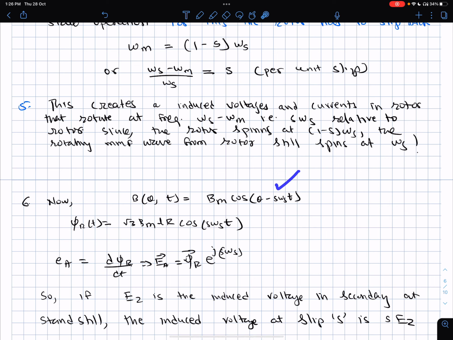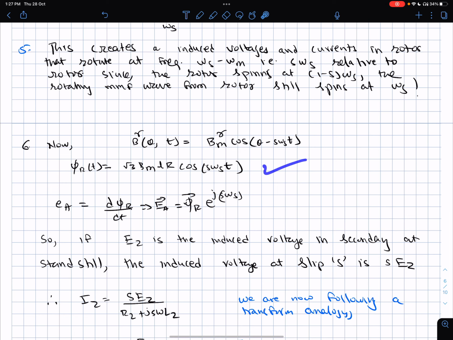So because it is rotating at s times omega s, the induced EMFs in the rotor will create currents also in it at the frequency s omega s, and therefore those currents will set up a rotating MMF given by B_R(theta, t) equals some B_MR into cos of (theta minus s omega s t). This will be created now at the slip frequency.